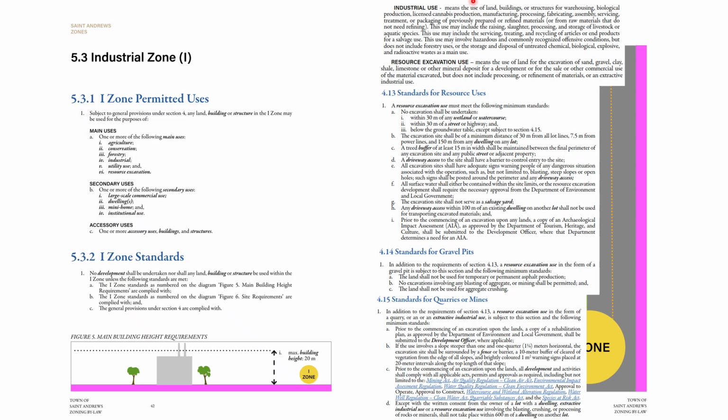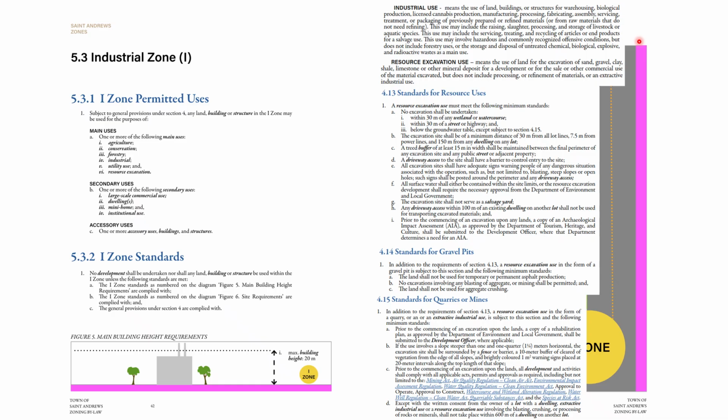So some of the definitions: industrial use means the use of land, buildings, or structures for warehousing, biological production, licensed cannabis production, manufacturing, processing, fabricating, assembly, servicing, treatment, or packaging of previously prepared or refined materials, or from raw materials that do not need refining. This use may include the raising, slaughter, processing, and storage of livestock or aquatic species.